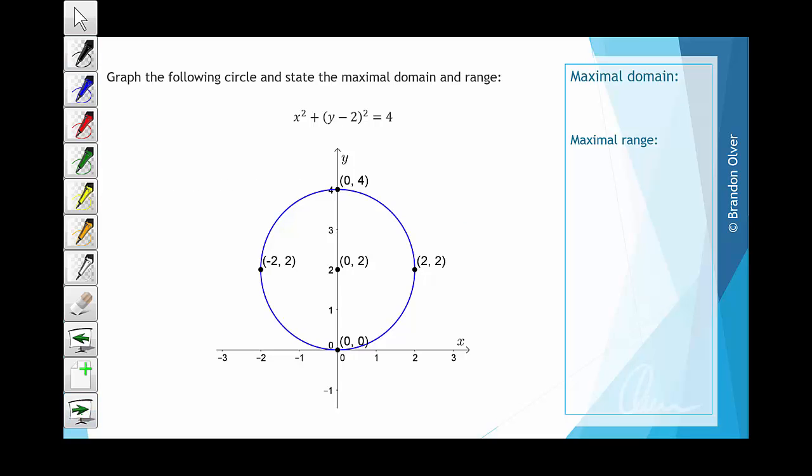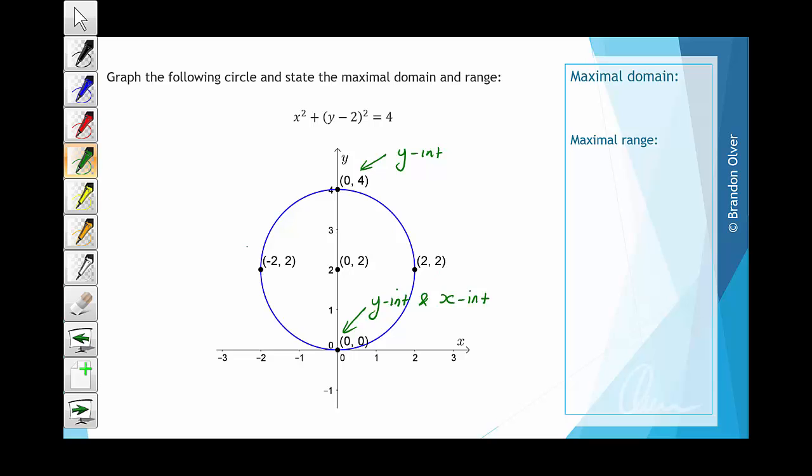On this slide, we have the circle sketched, and we can see that we've got the y-intercept here and here, and that one was also an x-intercept. The other features that have been labelled are at the extreme points of the circle.